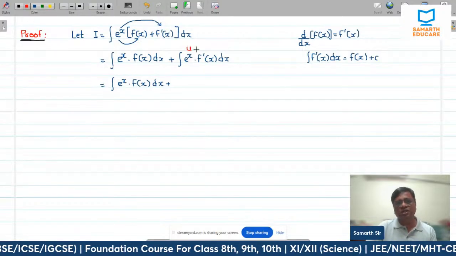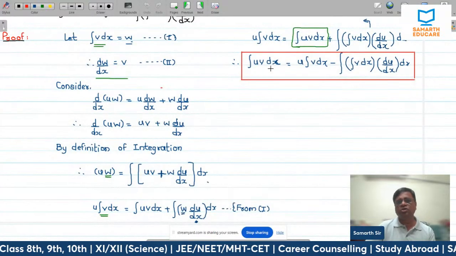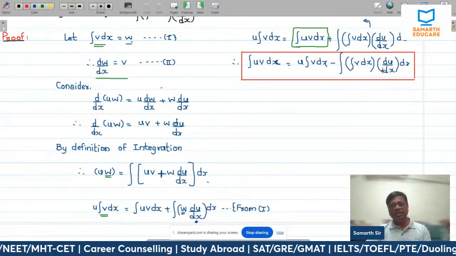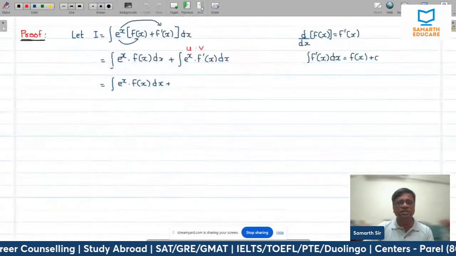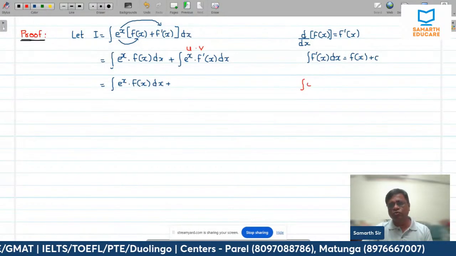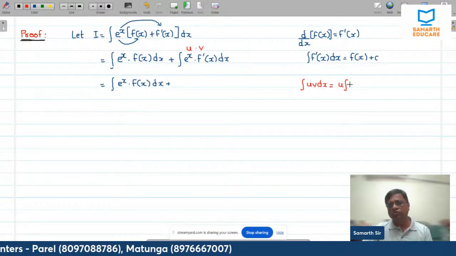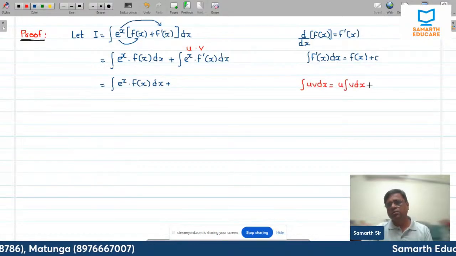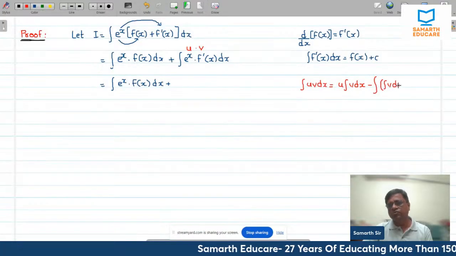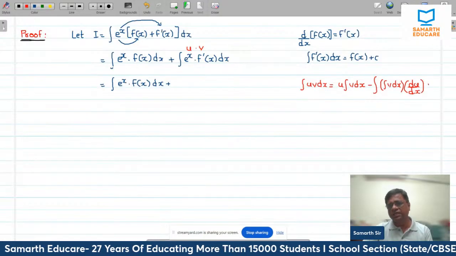Let's use by parts. This is u into v, which we have just proved. What does by parts say? Integration of u into v dx is u integration v dx minus integration of integration v dx into du by dx. Okay, let me again write the by parts formula: integral of u v dx is u integration v dx minus integration of v dx, derivative of u, dx, right?